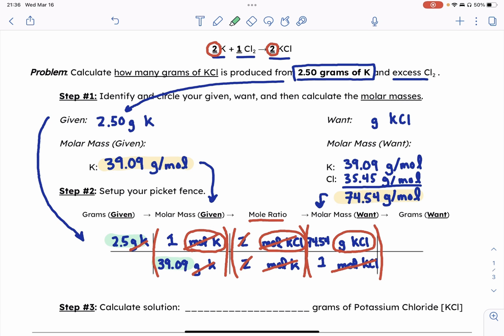And then it's going to get multiplied by the mole ratio of 2 over 2, which is just 1, so it doesn't do anything. And then we're going to go ahead and multiply it by the fraction of 74.54 over 1. So what we're actually going to plug into a calculator is 2.5 divided by 39.09 and then multiplied by 74.54.